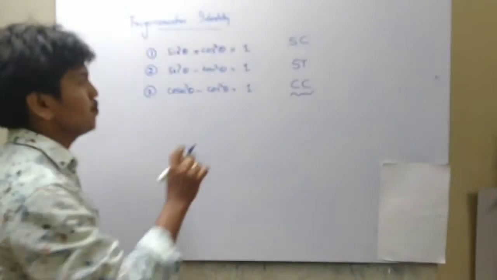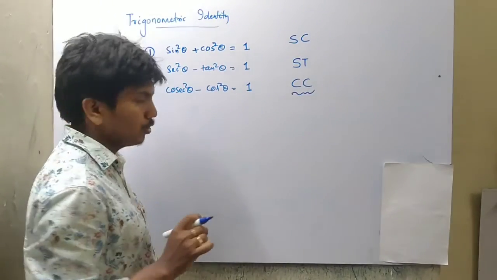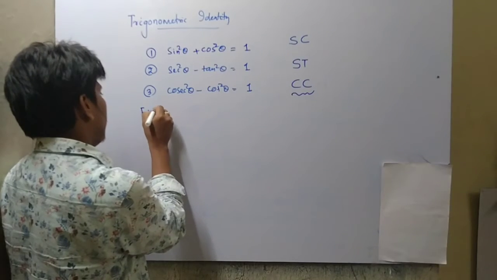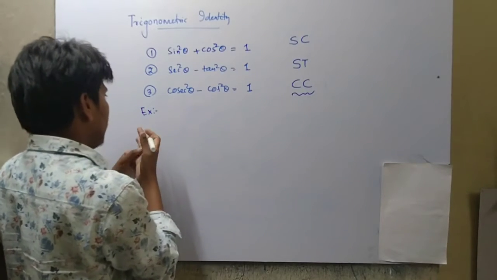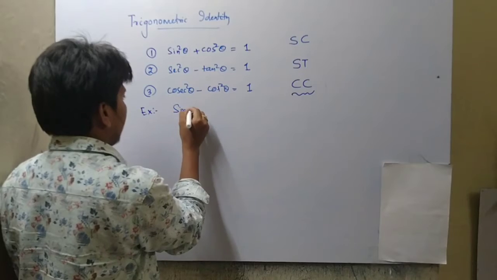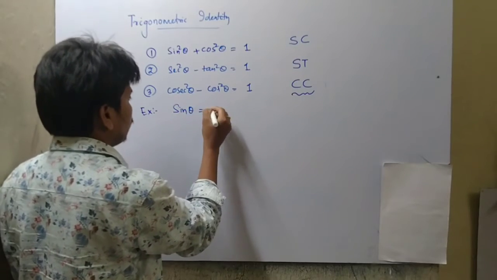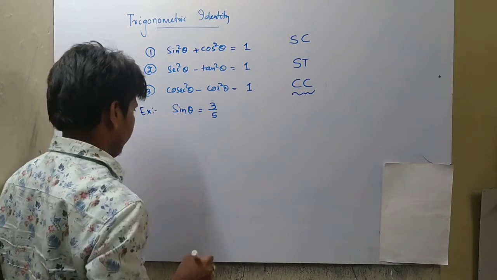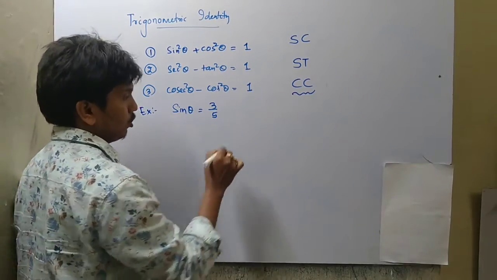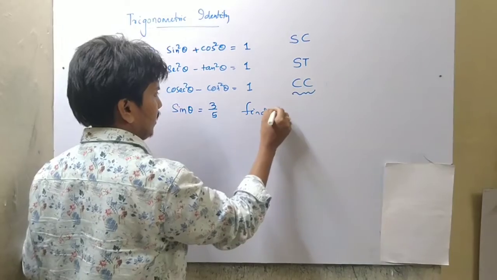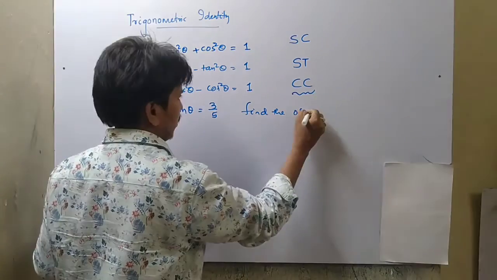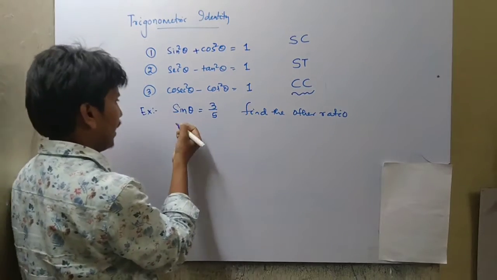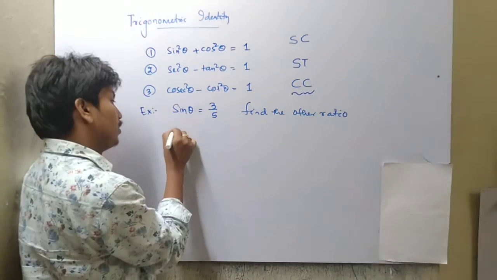This is the formula. Let's look at an example of how to use it. Number 1: given sin theta is equal to 3 by 5, find the other ratios.